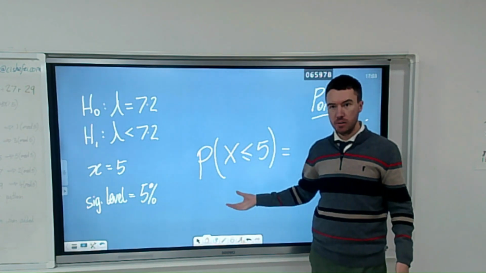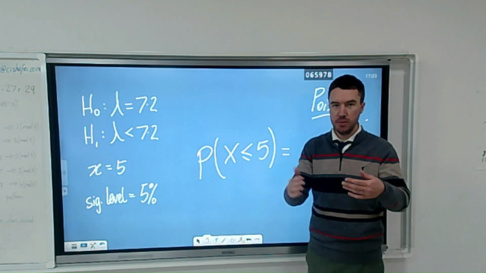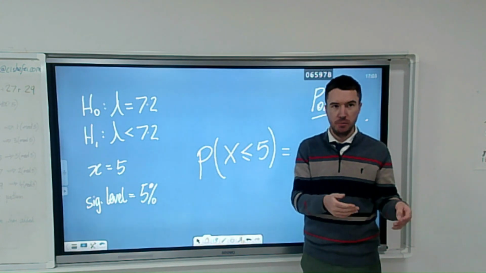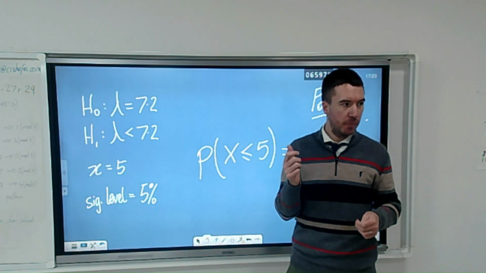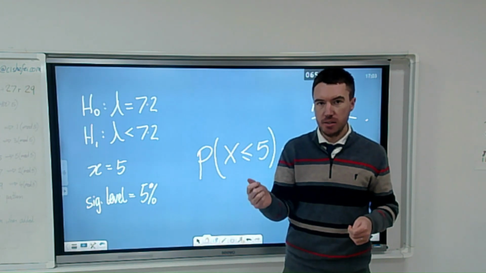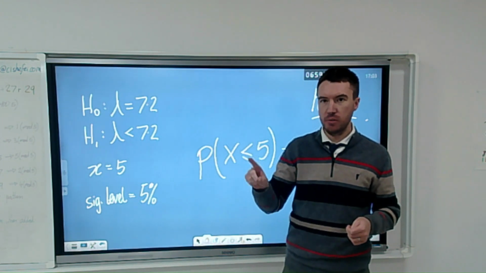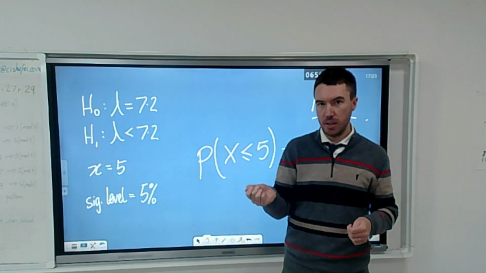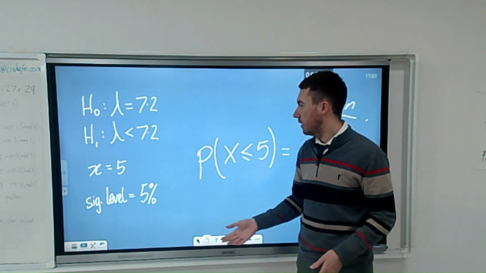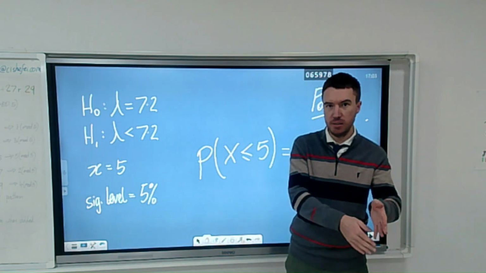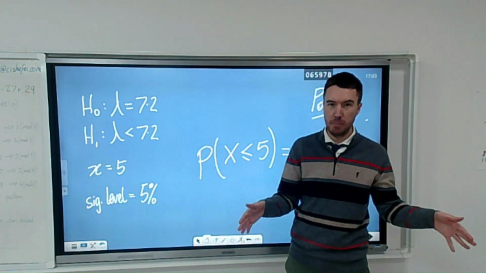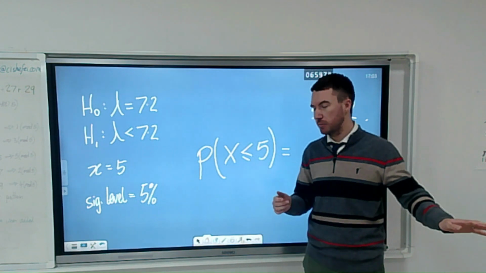So we want to find this on our calculator, and we do a similar process. We do scratchpad, menu, statistics, distributions, and we scroll down to Poisson CDF. And we put in our data. Lower bound is 0 because there cannot be fewer than 0 buses that come within a 10-minute interval, right? It doesn't go negative.